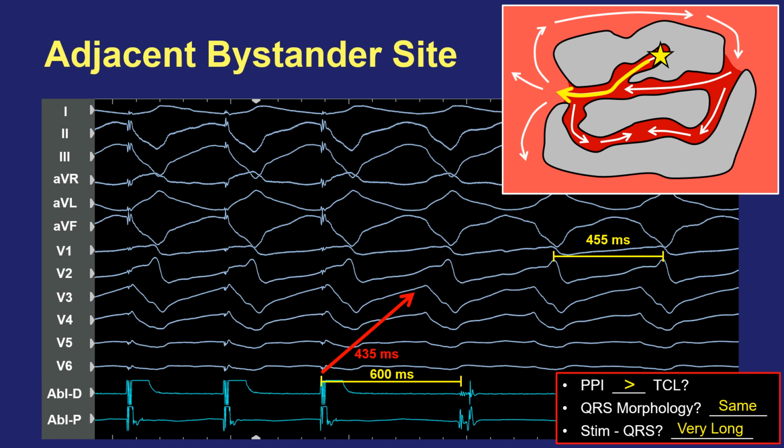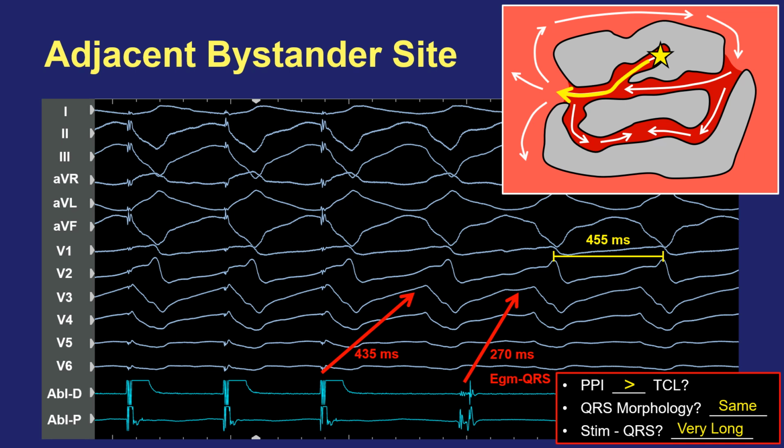And another interesting clue in this case, where you have this really long stim to QRS, that this is not a good site, is that here the electrogram to QRS timing is shorter than the stim to QRS timing. Why is that? Well, think about it.